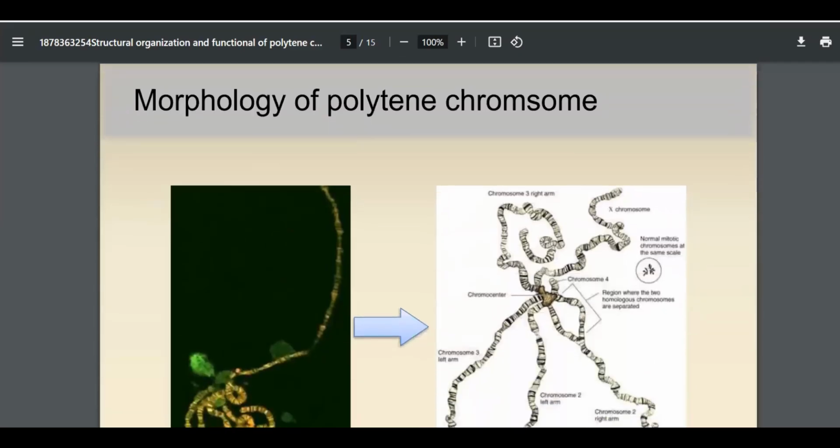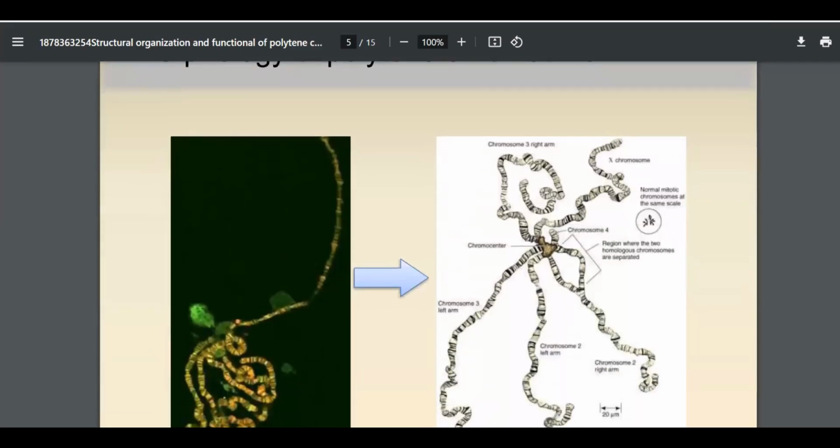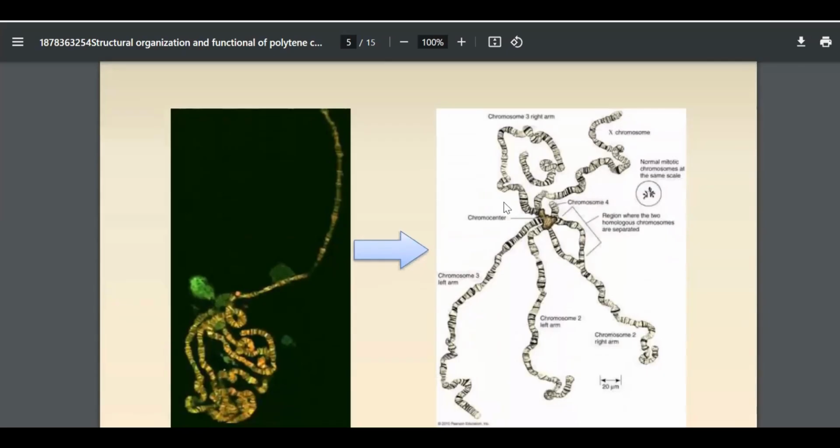All right. So let's see the enlarged image. So this is the chromocenter. This is chromosome 4, X chromosome, chromosome 3. Now this is the right arm, left arm, another left arm, another right arm, right? So these structural details we are expected to show when we draw the diagram representing the polytene chromosome.